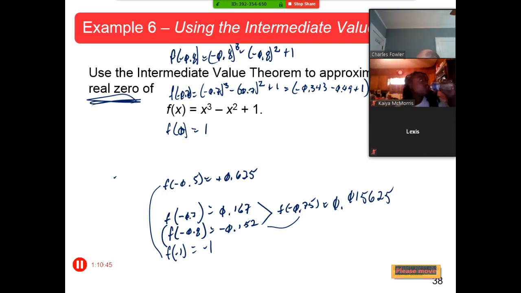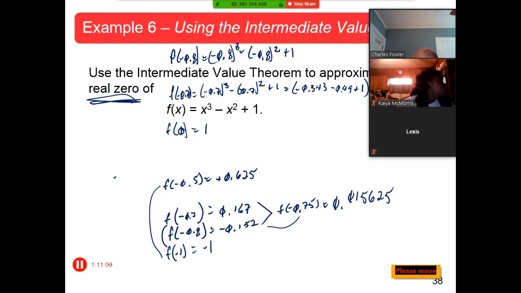I know it's in here. Oh yeah, there it is. Top of page 127. There's a number 1 and a number 2. It's number 1. A function of degree n has at most n real zeros.